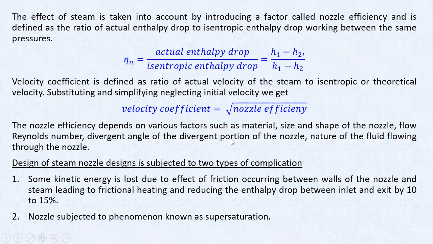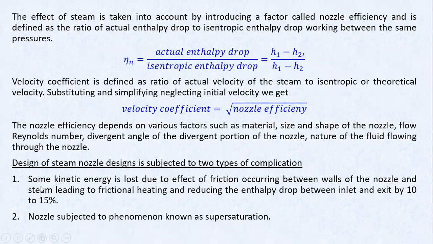This nozzle efficiency depends on various factors such as the material, size and shape of the nozzle, the Reynolds number, the divergent angle in the divergent portion, and also the fluid nature. While designing the steam nozzle, two types of complications occur.